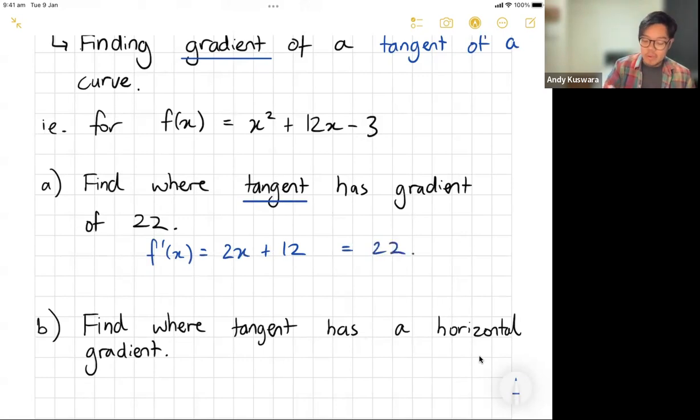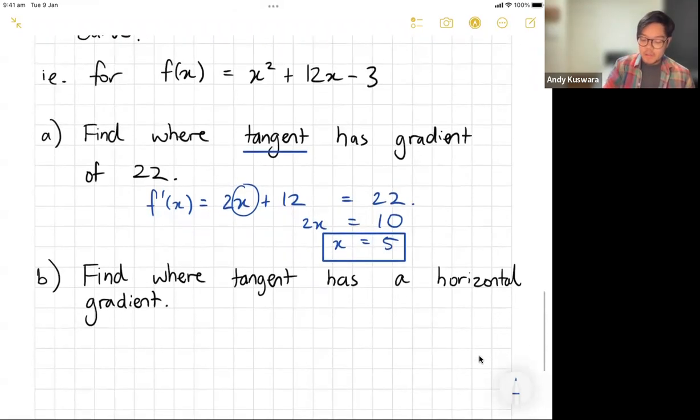So if it's asking for where, I'm going to be solving for the x. So 2x plus 12 equals 22, subtract 12 from both sides, 2x equals 10. x will equal 5, if I did that correctly. Hopefully that's making sense. So when x equals 5, my tangent is going to have a gradient of 22.